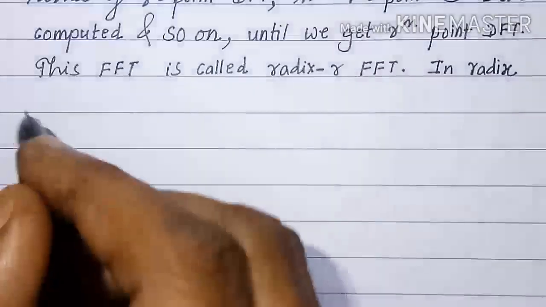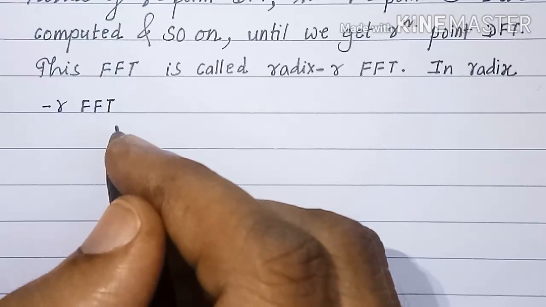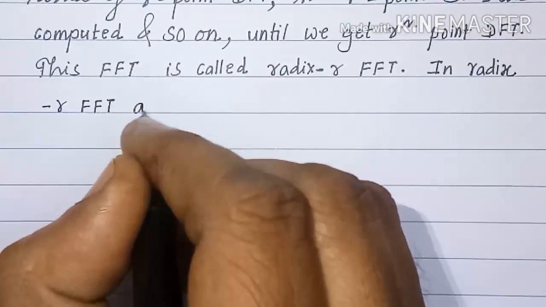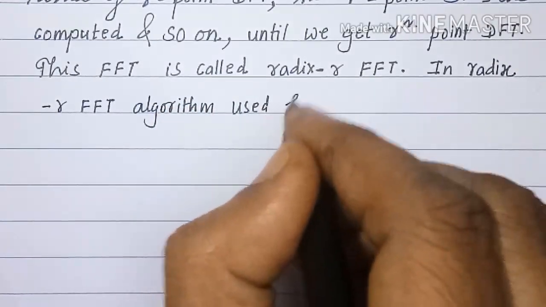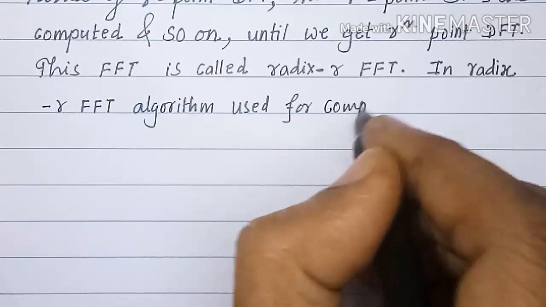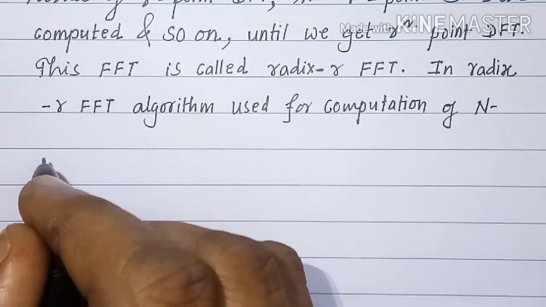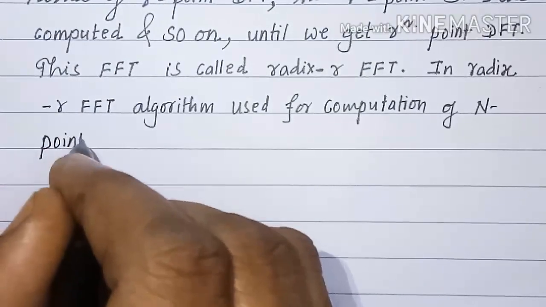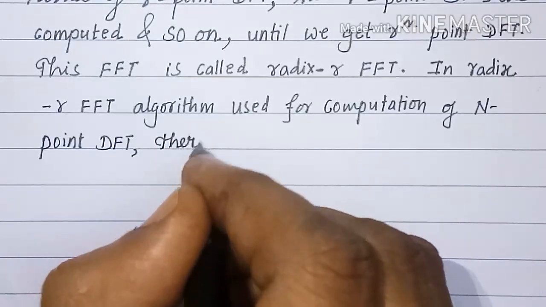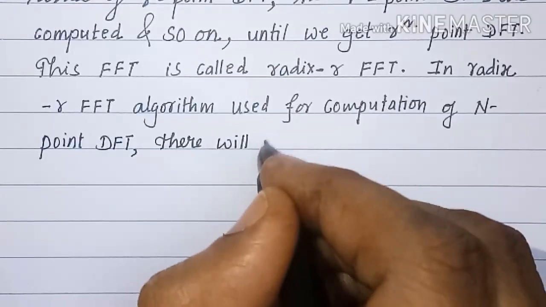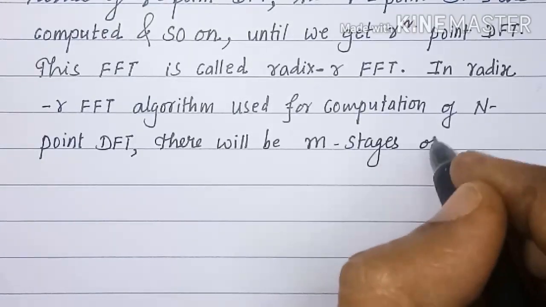In Radix R FFT algorithm used for computation of N-point DFT, there will be m stages of computation.